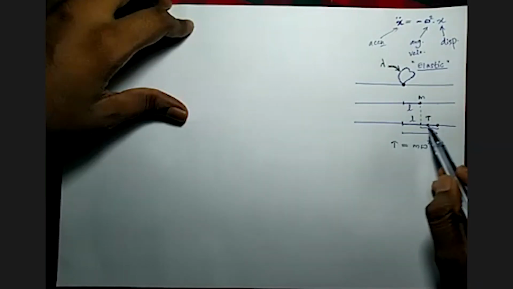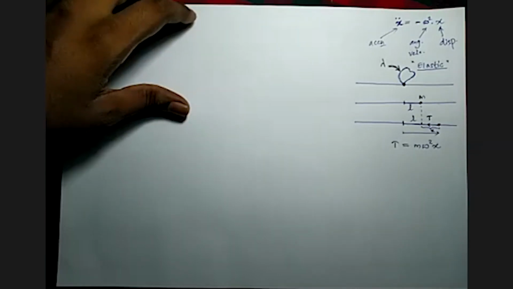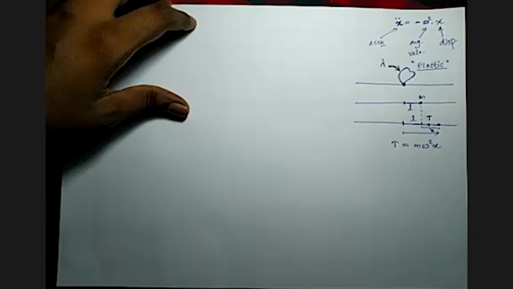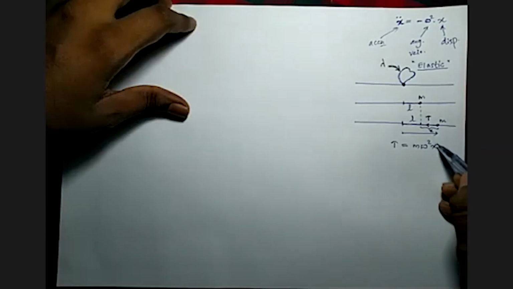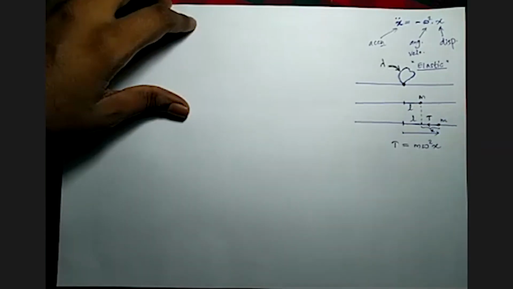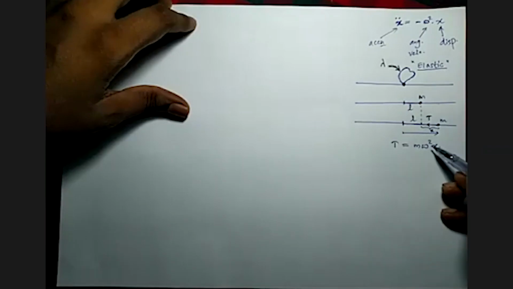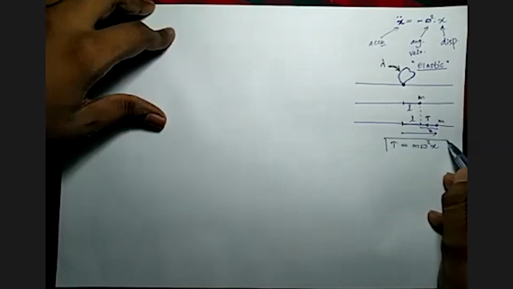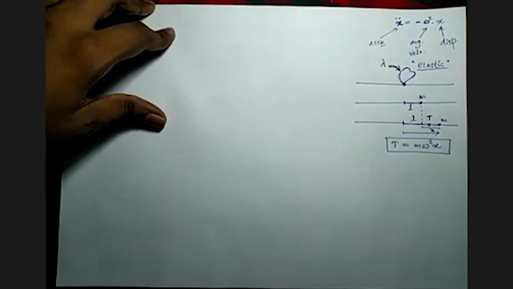So m is the mass of the particle, x is the extension, and omega is angular velocity, which will be given in the problem. This thing we should know.